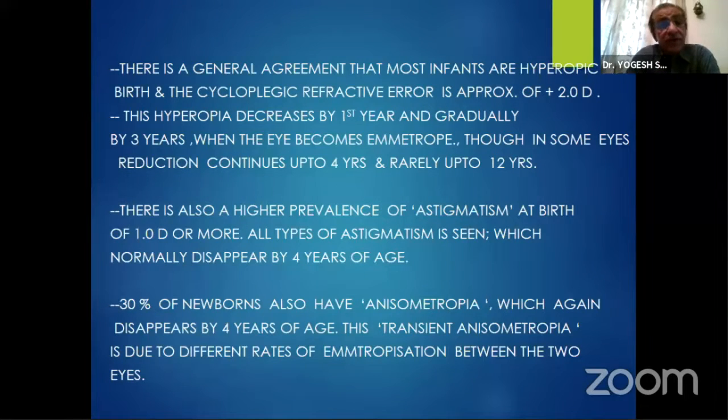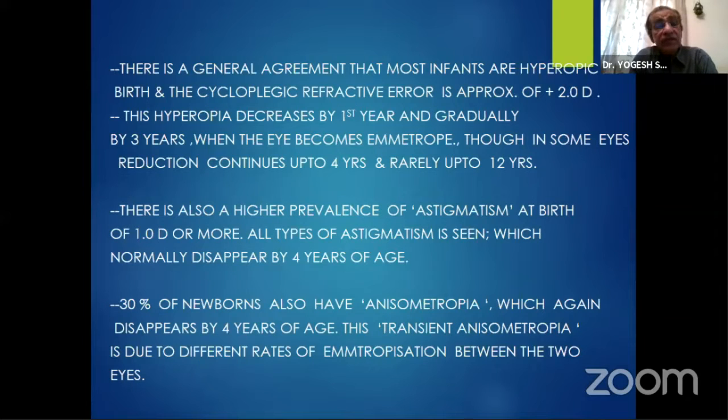This hyperopia is transient and disappears by the first year of life. So by the end of 1 year, the child should have an emmetropic state, at least if the hypermetropic error is only plus 2 diopters. And gradually by 3 years, it should totally disappear when the eye becomes emmetropic.